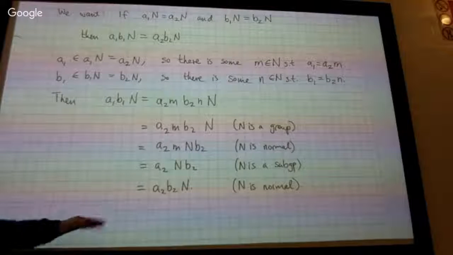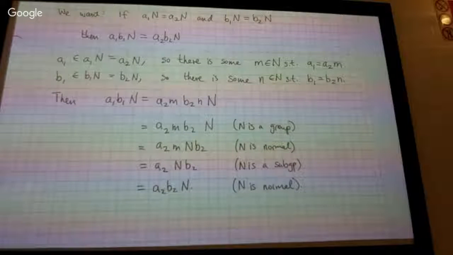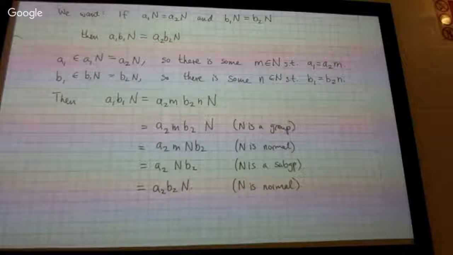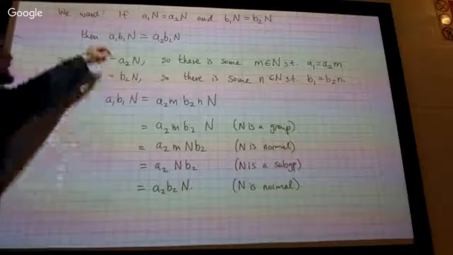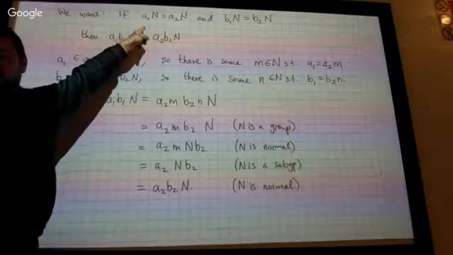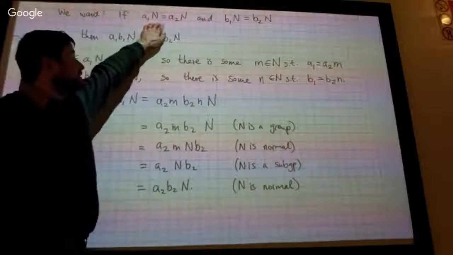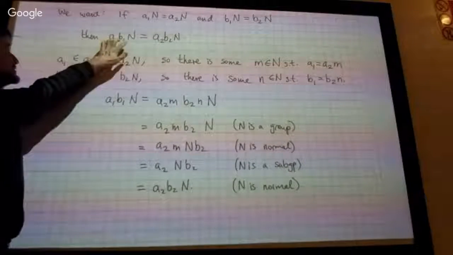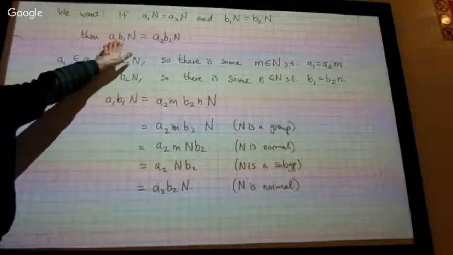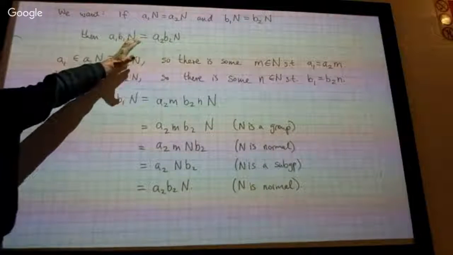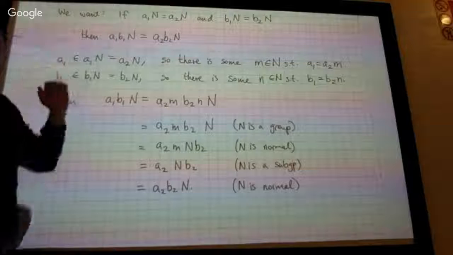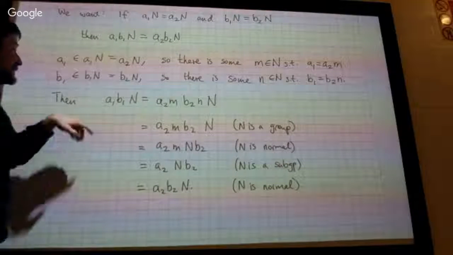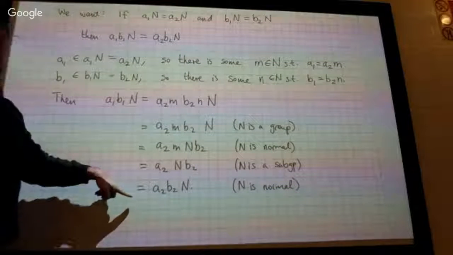It'll remain. Okay, so that's it. So this is what we wanted. You take two different descriptions of one coset, two different descriptions of another coset, and what you get as the result of the operation is the same coset. And if it wasn't, then we'd be in trouble.